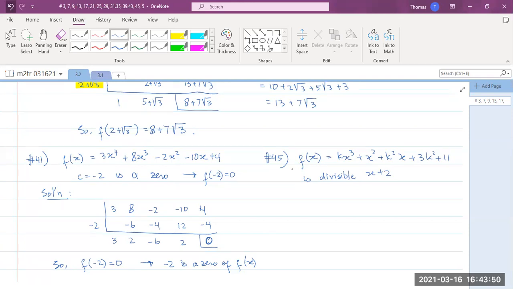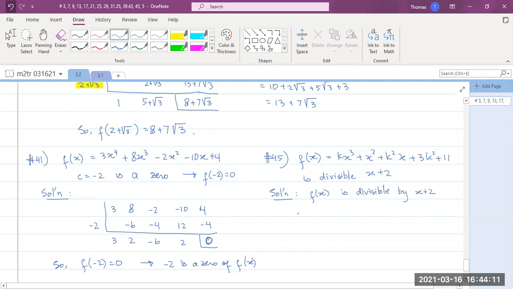Well, anyway, so if f(x) is divisible by x plus 2, f(x) is divisible by x plus 2, that means x plus 2 is a factor.